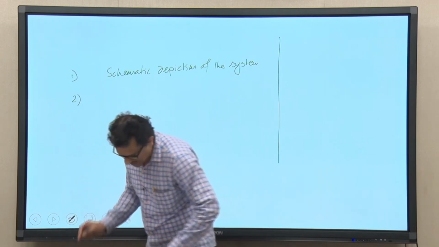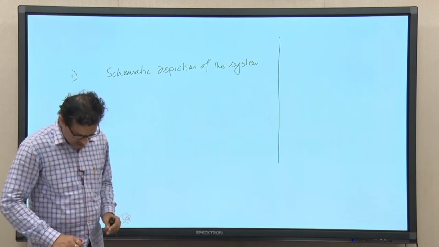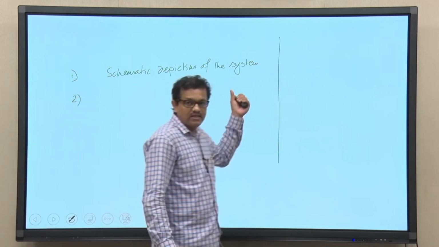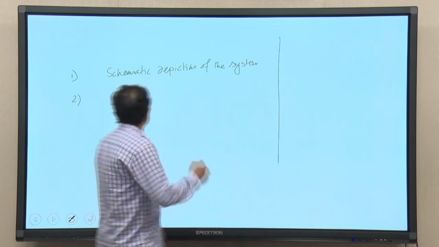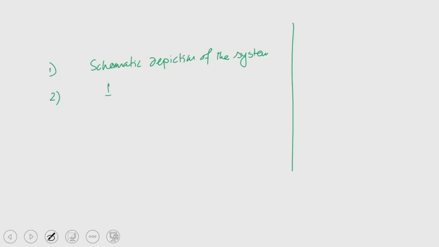Number 2 is that, knowing the schematic depiction, we then need to identify the working substance.